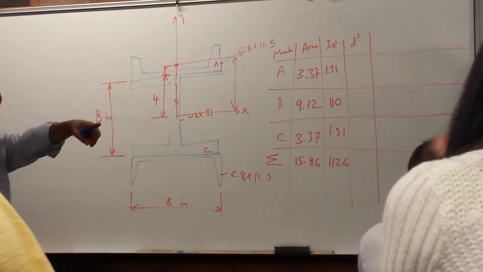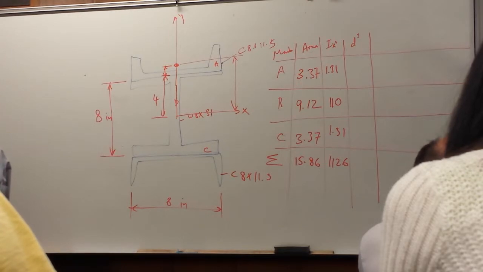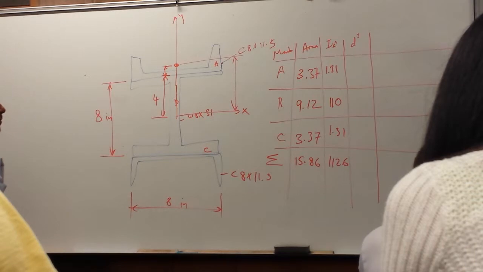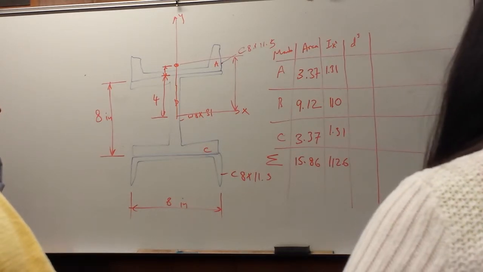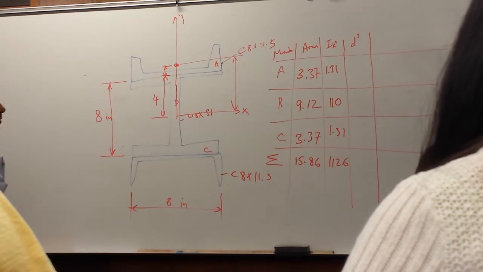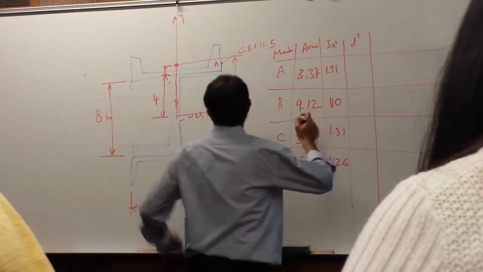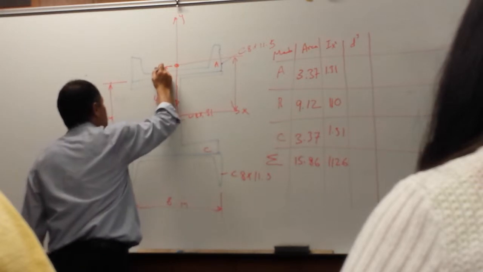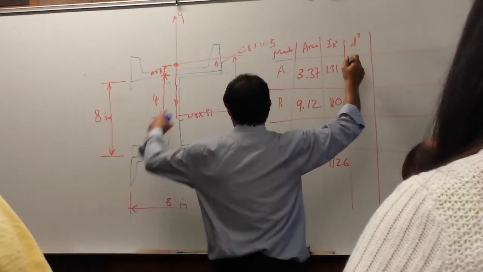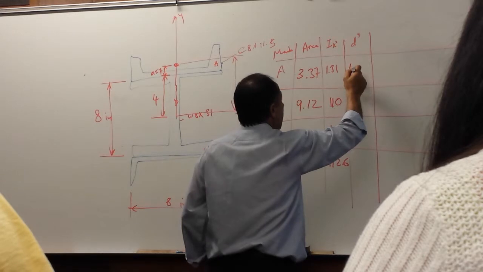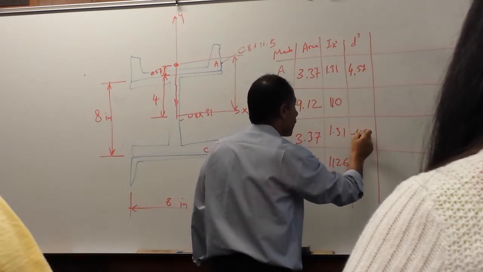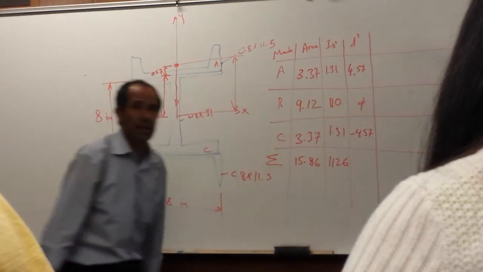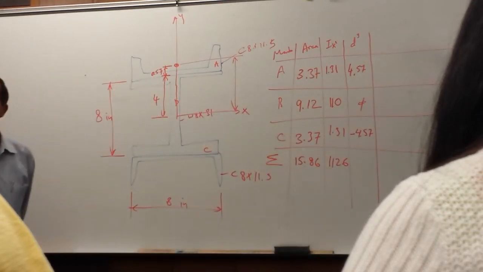The book is giving it in the X direction, not the Y direction. It has 0.572, so this one is 4.57, this one is negative 4.57, and this one is 0, correct? Everybody?